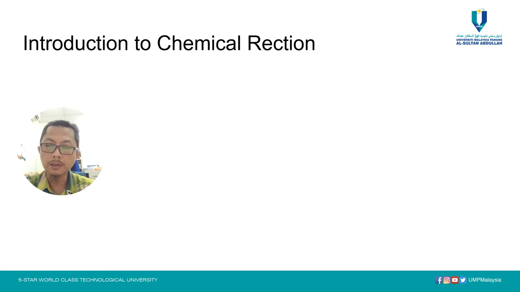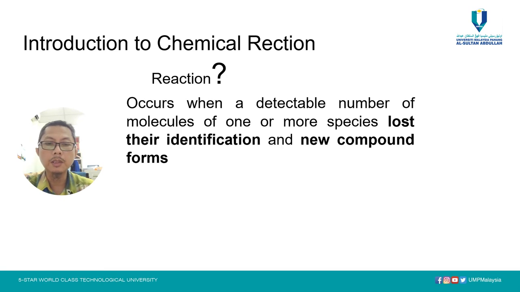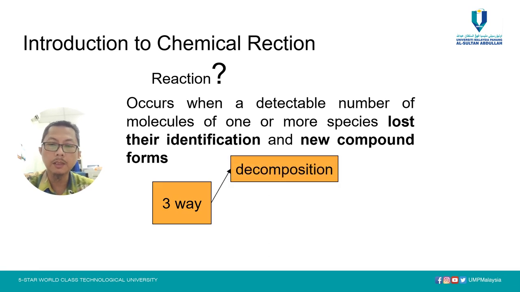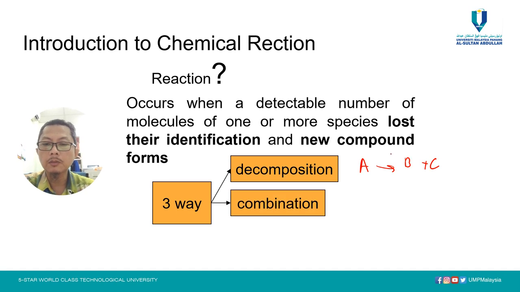Because of the change in kind, change in the number of atoms, and change of configuration, we can define a reaction as a detectable number of molecules of one or more species losing their identification in terms of chemistry, and new compounds forming. So because of that, you will have a decomposition, for example, from A. Assume we have A, then it will become B and C. And then we can also have combination.